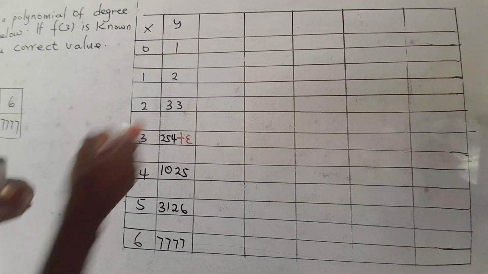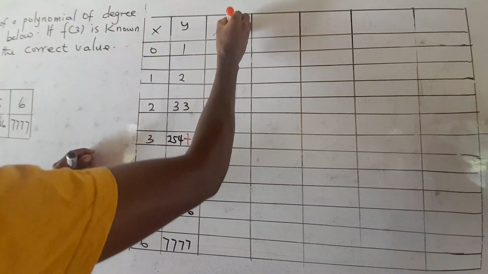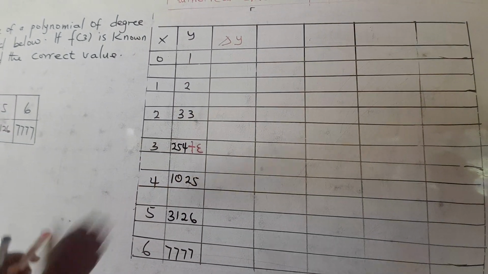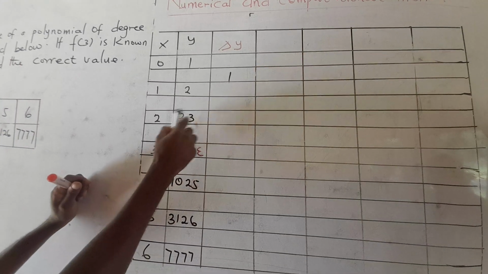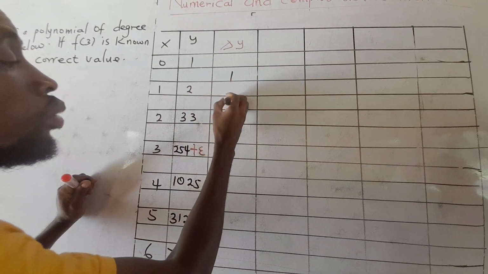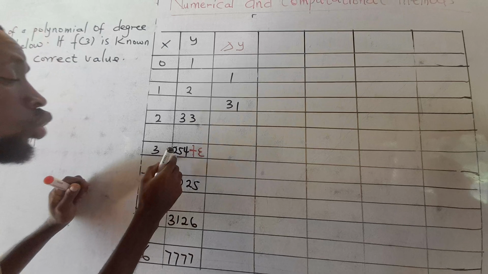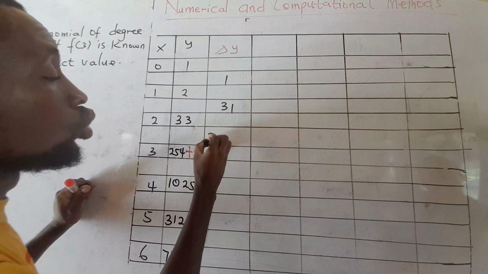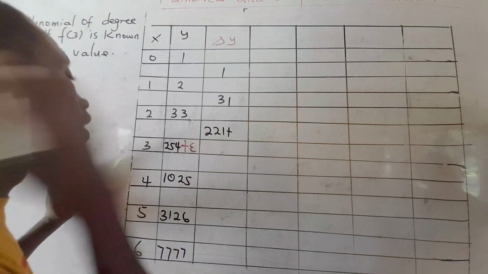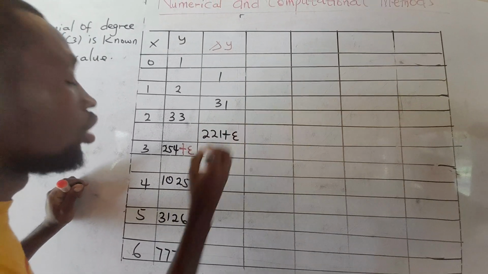So we find our first difference, del of y. 2 minus 1, that's 1. Then 33 minus 2, that will be 31. Then 254 plus error minus 33 will give me 221 plus error.